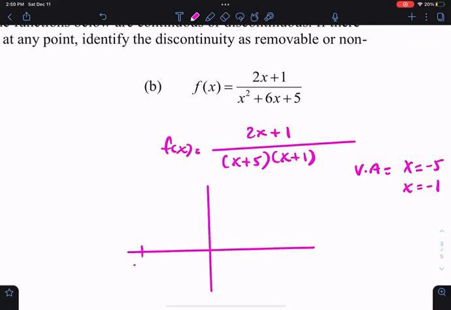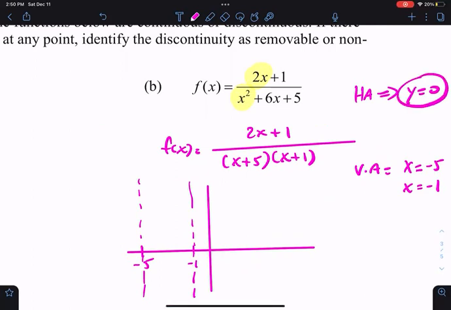So you do your graph, right? So that's going to be -5 here, -1 here. You do your line. Is there a horizontal asymptote? Well, since the degree of the numerator is less than the degree of the denominator, the horizontal asymptote in this case will be 0, okay?